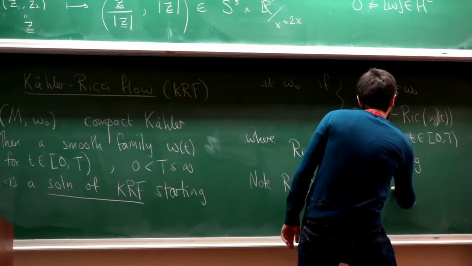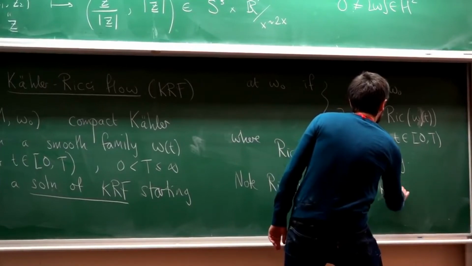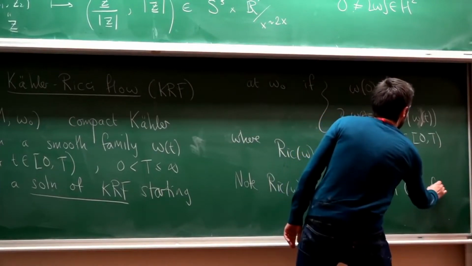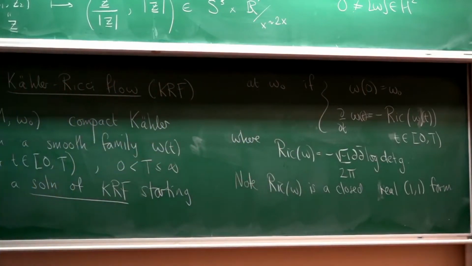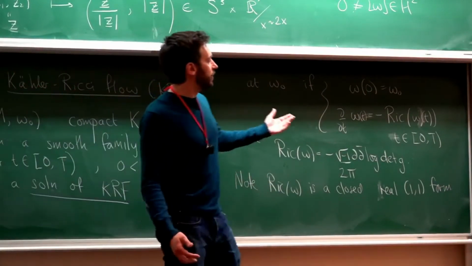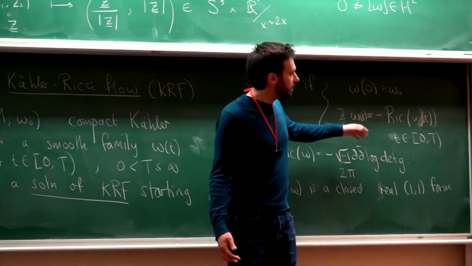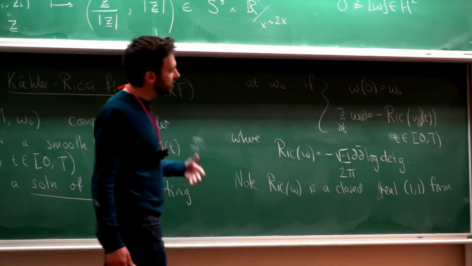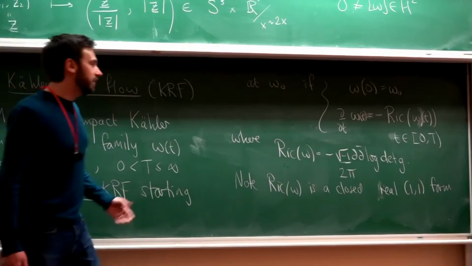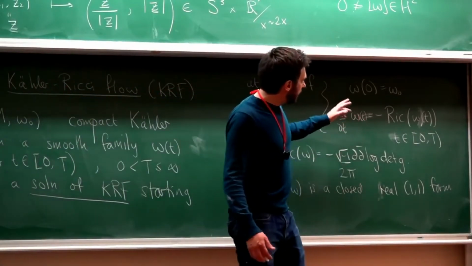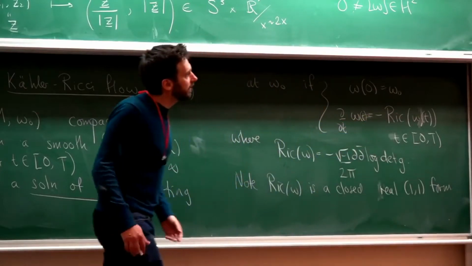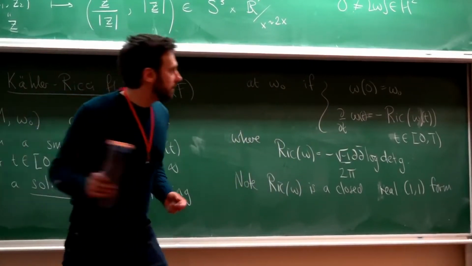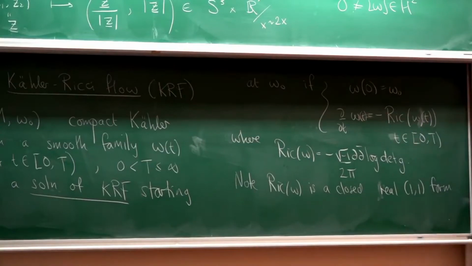It's a closed real 1-1 form, and it does correspond indeed to the Ricci curvature of the corresponding Riemannian metric. So we're not really talking about those Riemannian metrics, but it does correspond to that. So it really is the Ricci flow. The only difference is that Ricci flow usually puts a 2, and we don't put a 2 here. Okay, so this is the Kähler-Ricci flow.